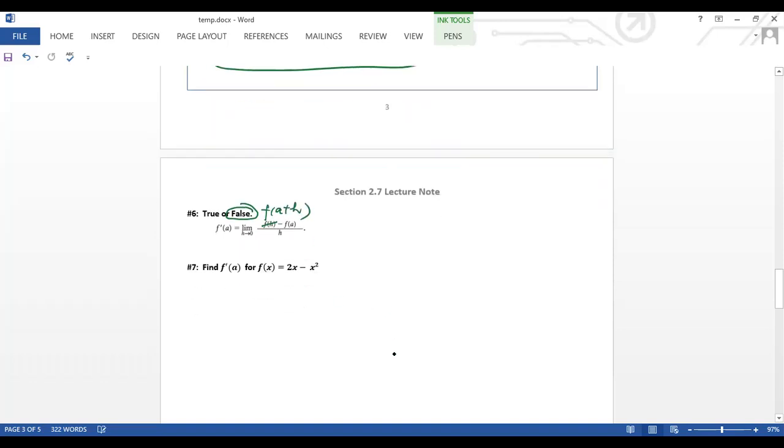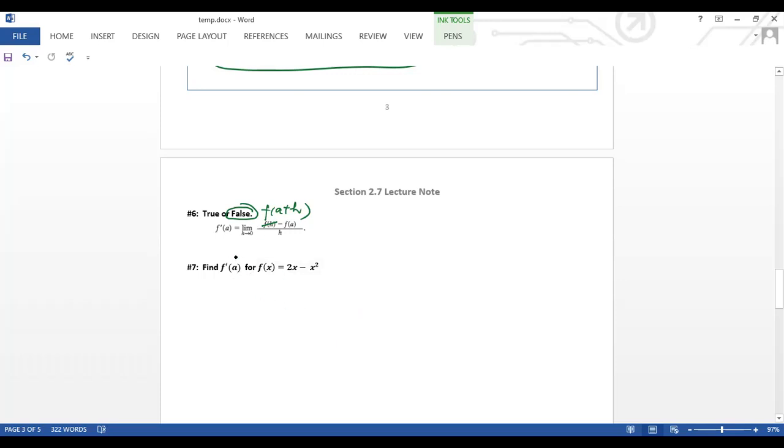Now, problem number 7. Find f prime of a for f of x equal to 2x minus x squared.